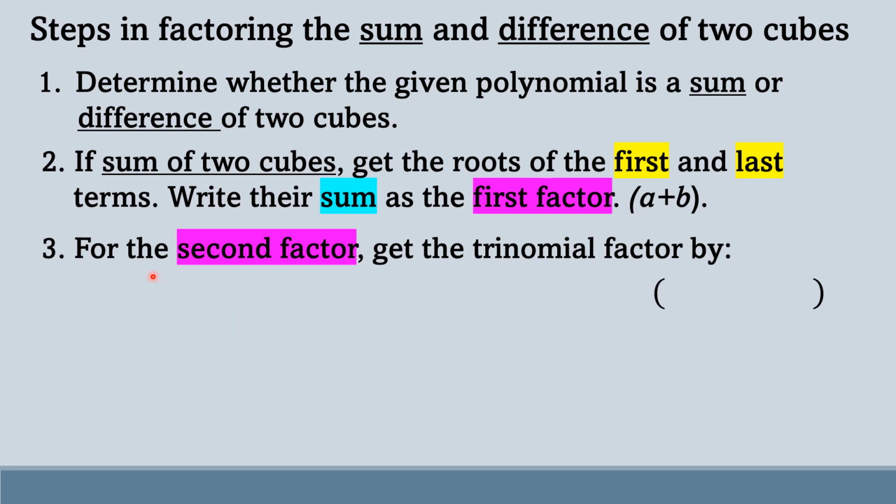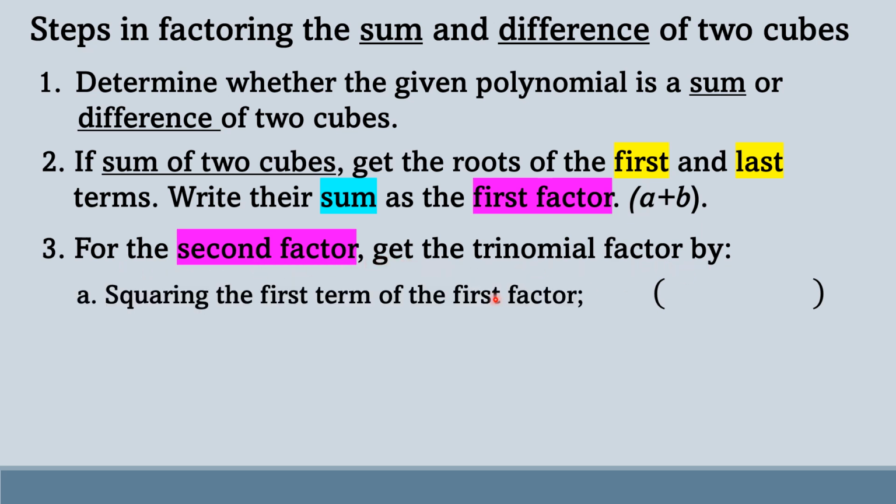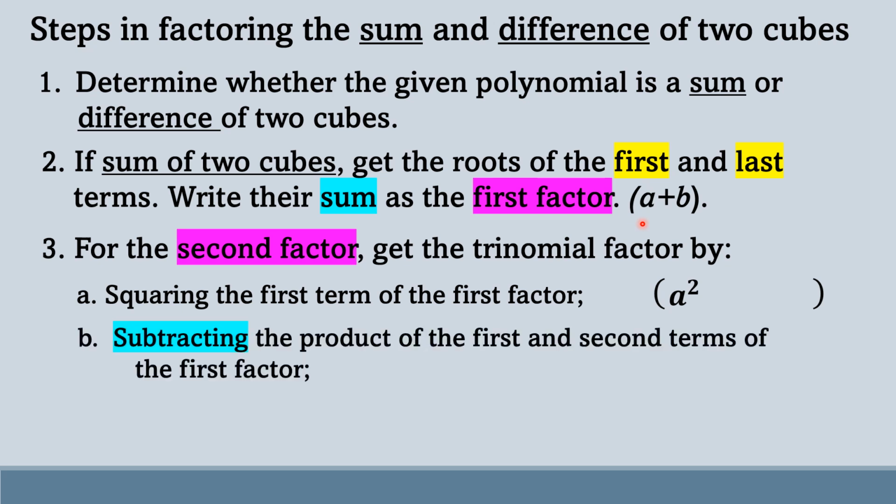Next step is getting the second factor. For the second factor, we are going to get the trinomial factor by squaring the first term. Our first term is A. We're going to square that, and that will become A squared. Step B, subtracting the product of the first and second terms of the first factor.